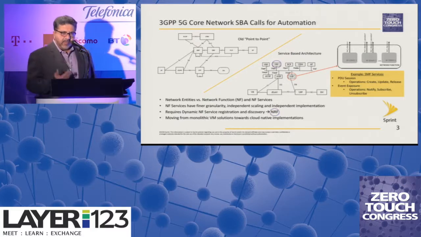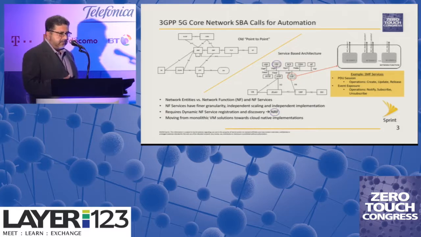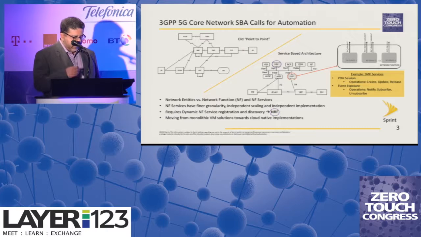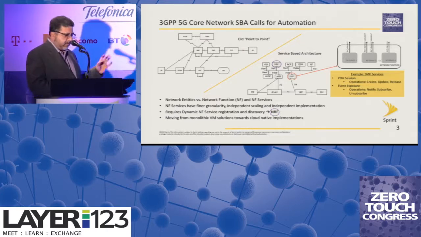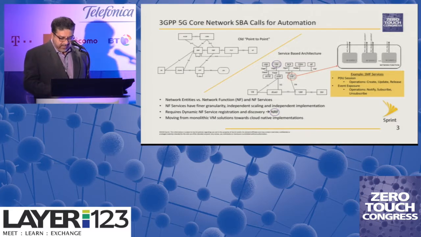So you have multiple services, and each one of those services has a set of operations, as shown up there. You can see how we're going from the old to much finer granularity, and each of these network function services can independently scale if needed. It can be independently implemented, so you can optimize the way you build one of these services, if that helps.